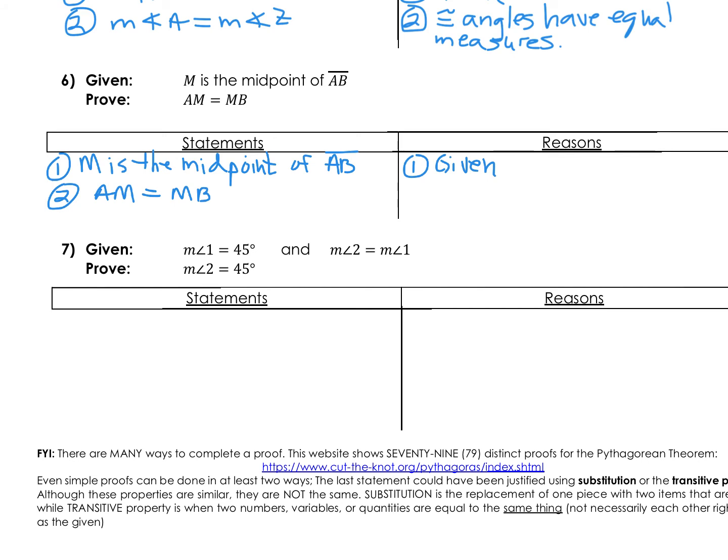So if you're concerned that you're going to get those messed up, you might want to actually physically write out that definition. But more often than not, I would suggest that if this is a congruent statement, meaning that you would have line segment AM is congruent to line segment MB, you would just do the change in notation for congruent segments have equal measures instead, and then you can always use the definition of a midpoint.